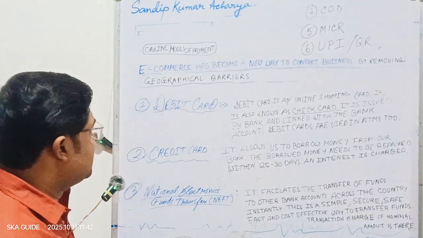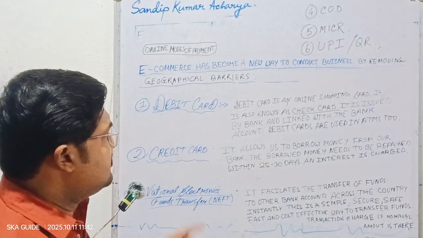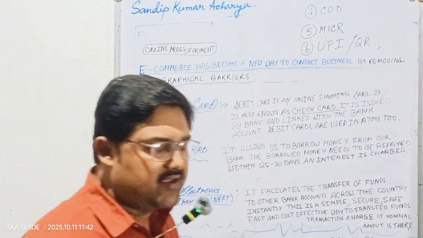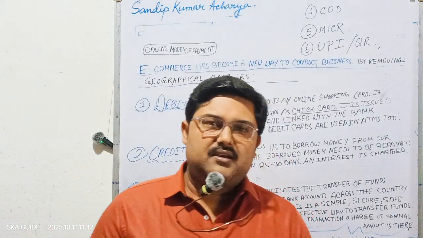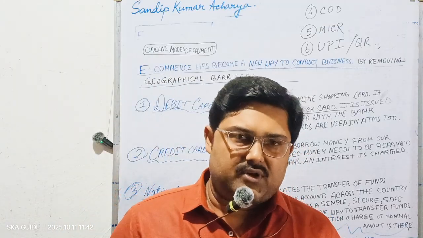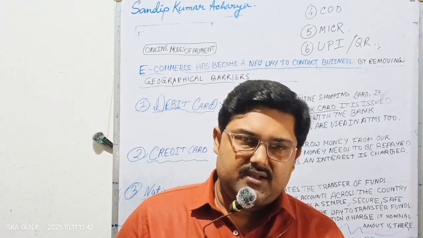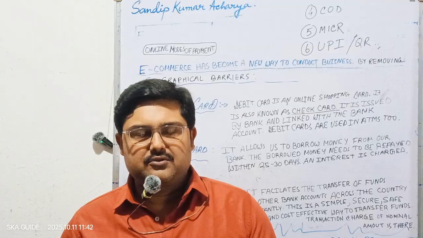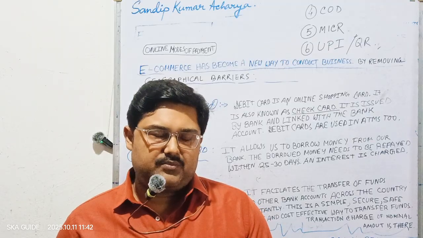Anyway, then we have three more options, which are COD, MICR, and UPI. COD stands for cash on delivery, where you are paying after the delivery of the product. That means you are placing an order over the internet, the product will be delivered to your doorstep, and only then are you paying the person or the company.